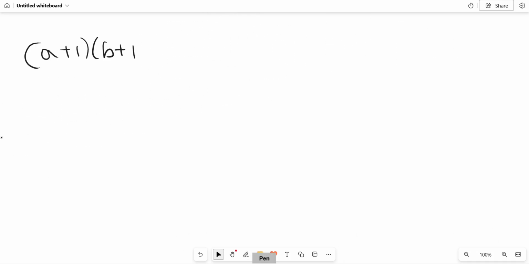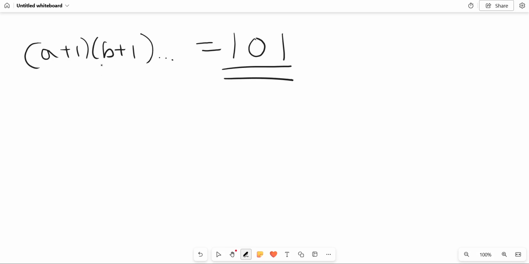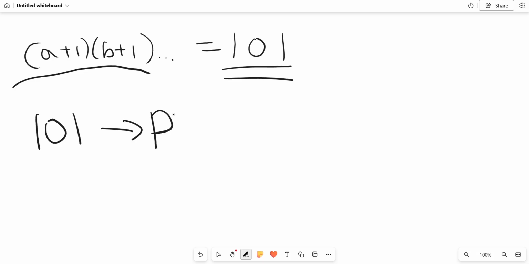So of course we're saying this dot dot dot multiplies to make 101. Okay, that's our question. We need to find the smallest number such that this happens, right? But the only thing is 101, it's prime.